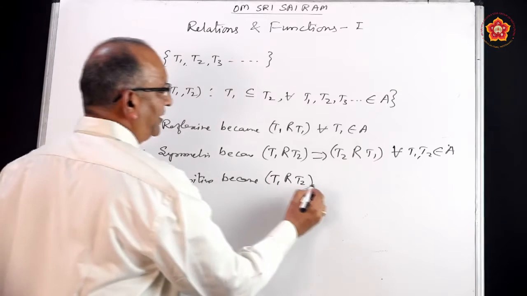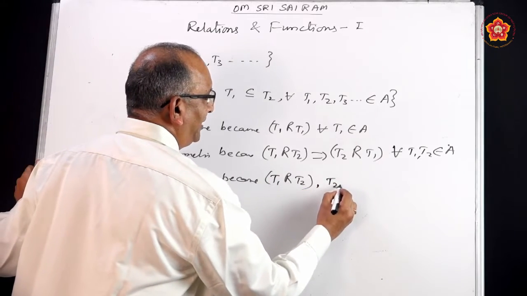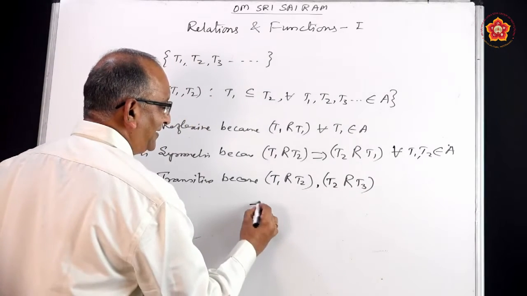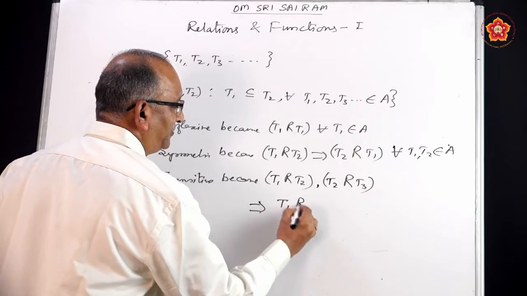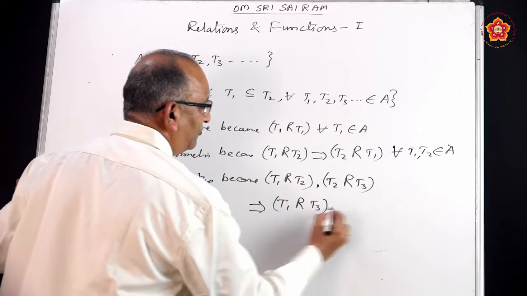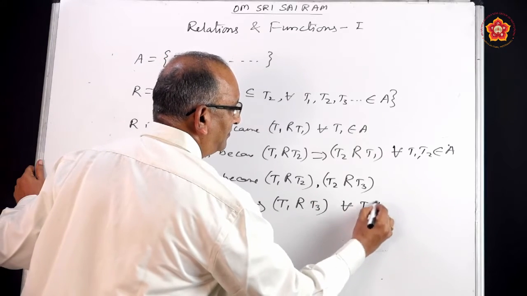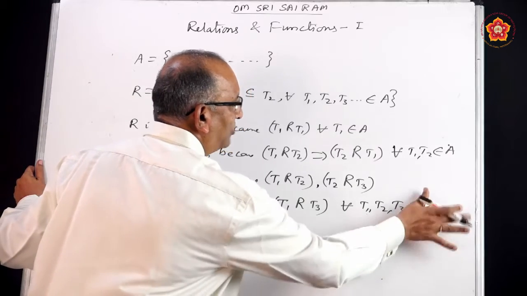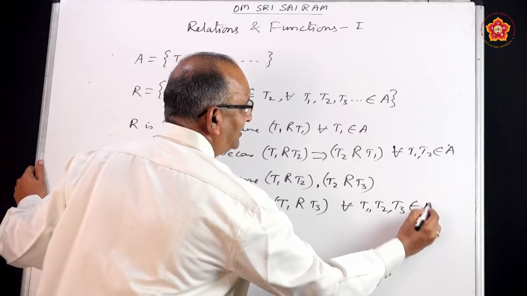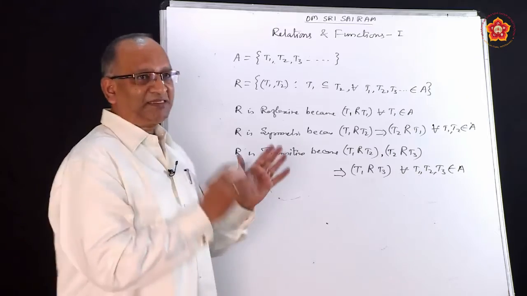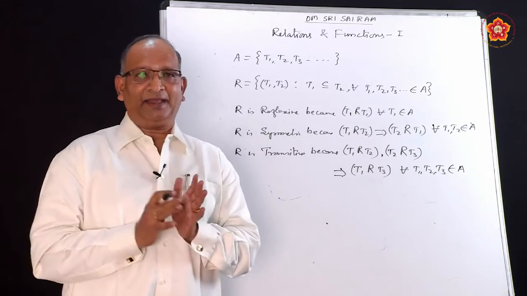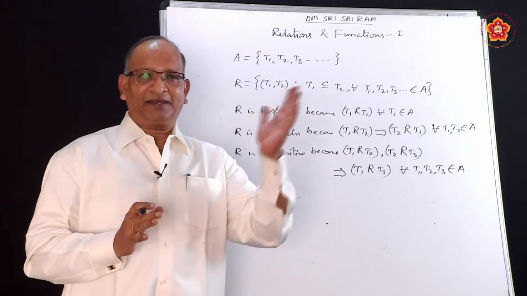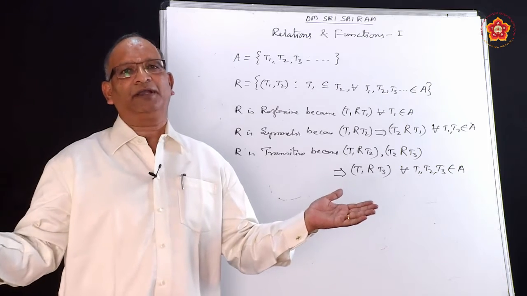If T1 is congruent to T2, T2 is congruent to T3, this implies that T1 will be congruent to T3 for all T1, T2, T3 belongs to A. For all the sets, if first triangle is congruent to second triangle, if second triangle is congruent to third triangle, we can conclude that the first triangle will be congruent to third triangle.